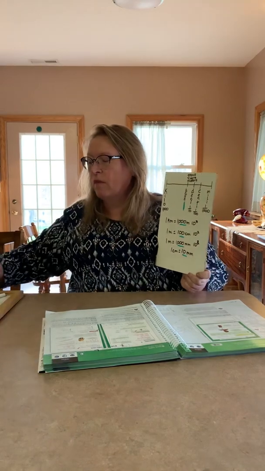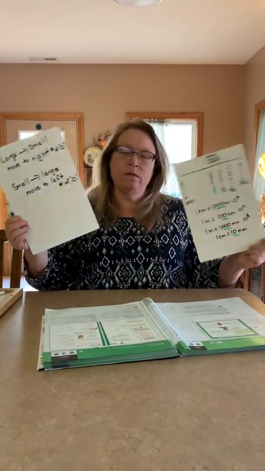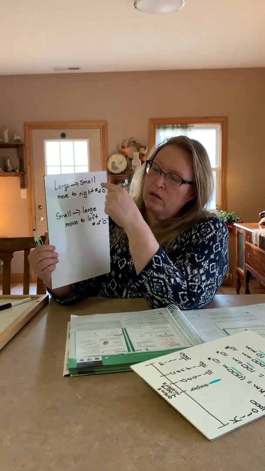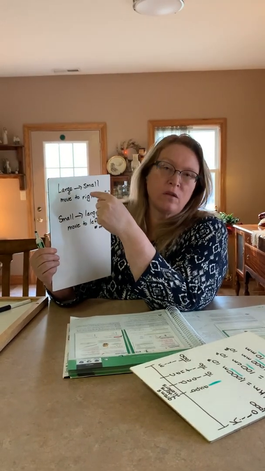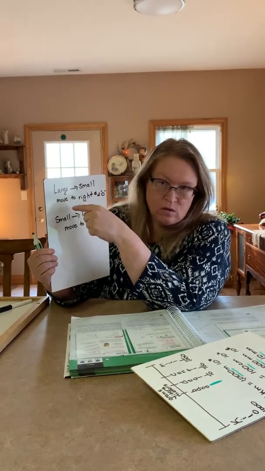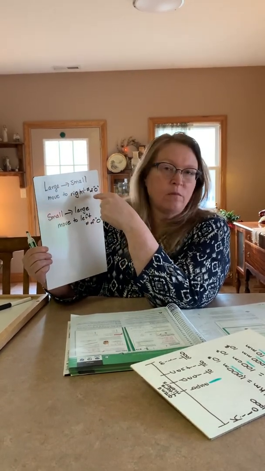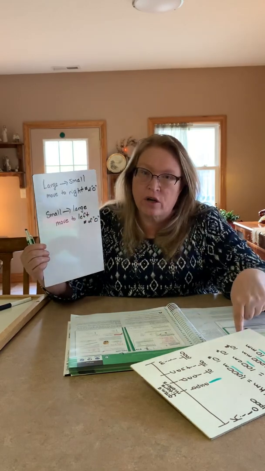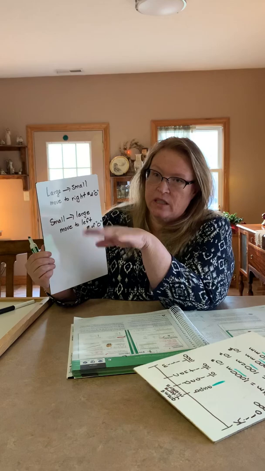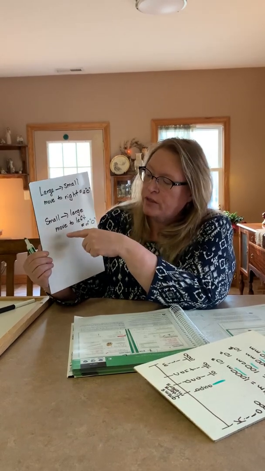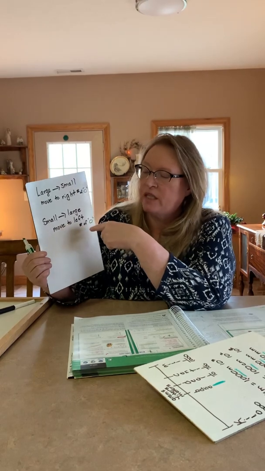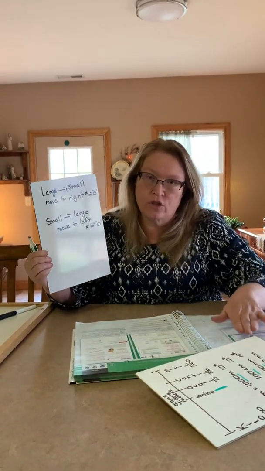This is the rule: if you go from larger to smaller, you're multiplying, but basically it's just moving the decimal to the right, the number of zeros from your chart. If you go from small to large, which basically is division, you're just going to move the decimal to the left, however many zeros are in your chart.